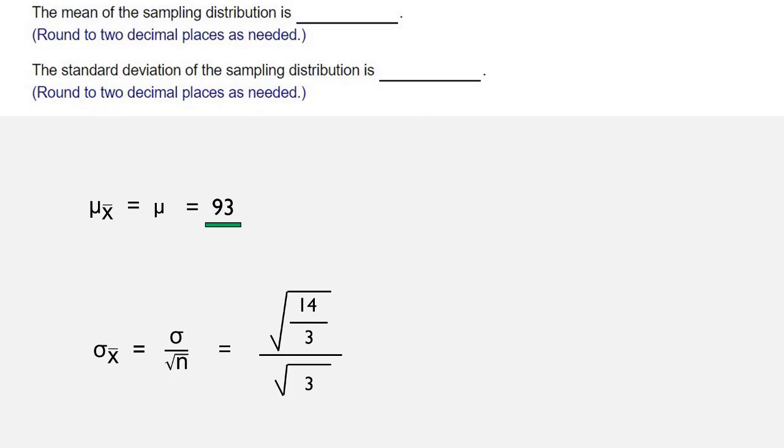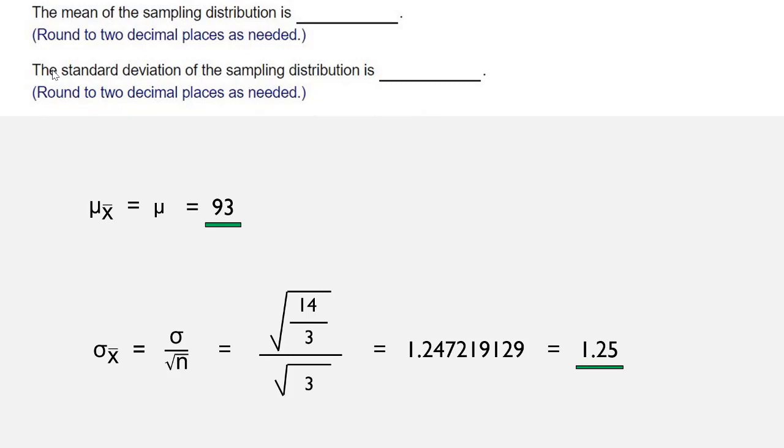The reason is because that's a less accurate value. So if I do this, I have the most accurate value I can possibly have, square root of 14 over 3 divided by the square root of 3, which in your calculator gives you 1.247219129, rounded to 2 decimal places, is 1.25. And that's your sigma of x bar.